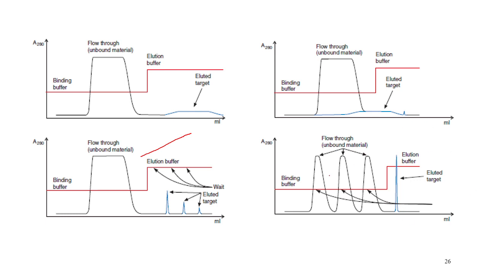So you can do it in different ways. You can load the entire protein at first and it binds and the process is done in one go. But sometimes you cannot entirely load your protein, so you have to load it 2 to 3 times or 4 or 5 times. So you get different peaks for your unbound material, and then you get a sharp peak for your protein when you run the elution buffer.